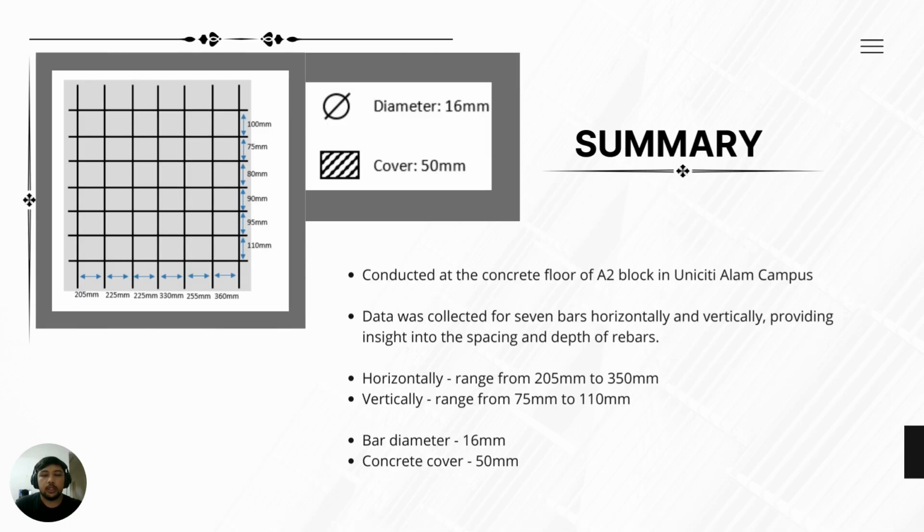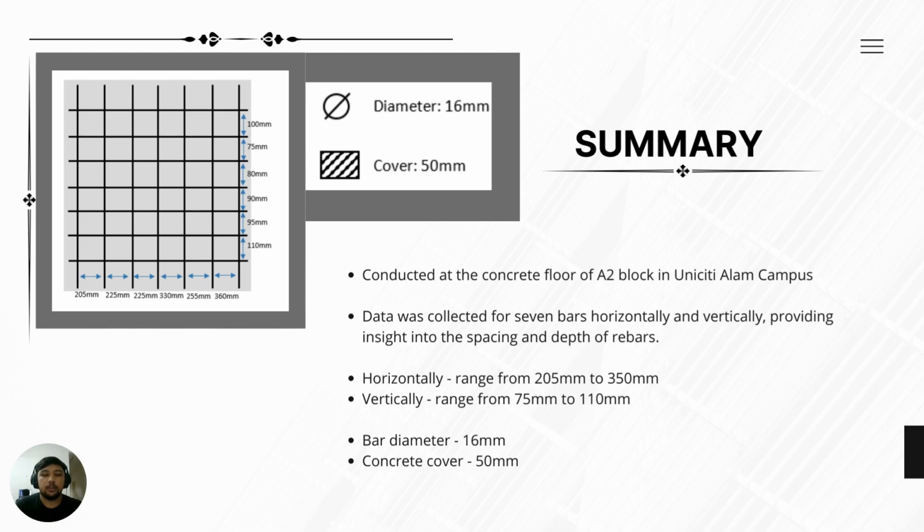For this mini project, we conducted the rebar scanner, and to summarize, this testing was conducted at the concrete floor of A2 block in University Island campus. The data was collected for 7 bars horizontally and vertically, providing insight into the spacing and the depth of rebar.